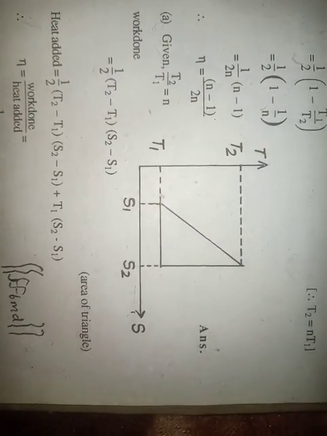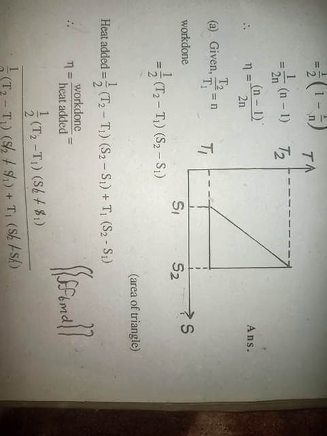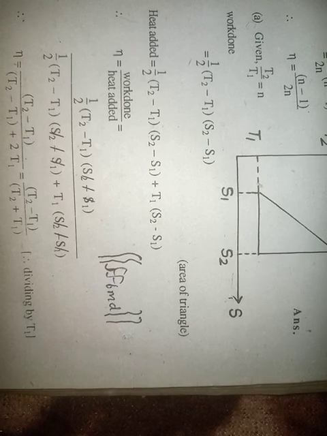For figure B, given that T2 by T1 equals n, work done equals 1/2 (T2 minus T1) into (S2 minus S1), and heat added equals 1/2 (T2 minus T1) into (S2 minus S1) plus T1 into (S2 minus S1).